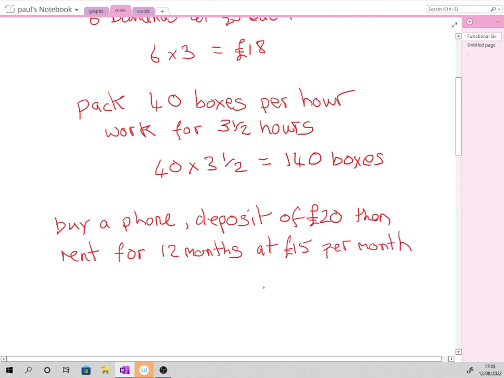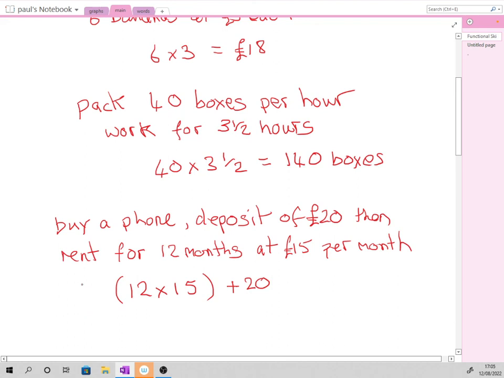So we've got two things to do here, because we've got a £20, a 12 months, and a £15. So 12 months at £15, so you're going to need to do 12 times 15, and I'll put a bracket round there to keep it tidy, and the deposit, you're going to add on to that £20.